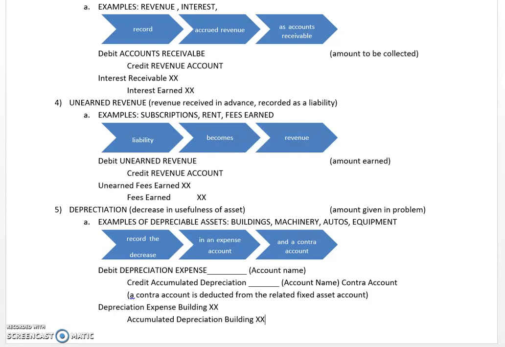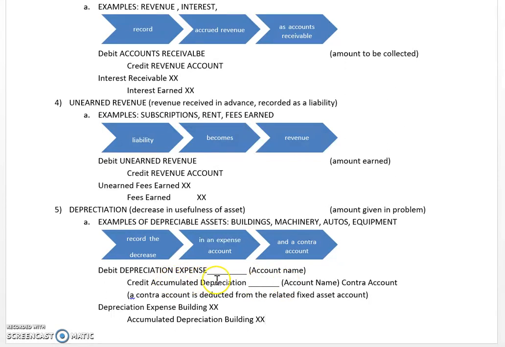In Chapter 3, all you need to know is that the depreciation amounts will usually be given, and so if they tell you what the depreciation amount is, you would debit depreciation expense for, let's say, $1,000 and credit accumulated depreciation for $1,000. And normally we would have the account name. So if we were depreciating a building, we would have depreciation expense building for $1,000, accumulated depreciation building for $1,000.